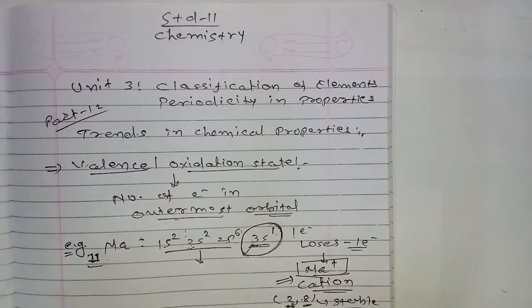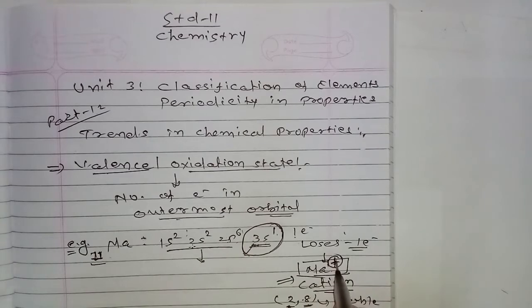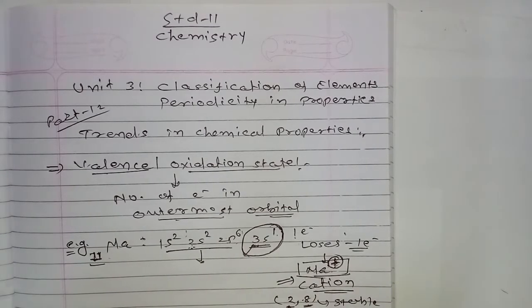So this is the charge, sodium has a plus 1 charge, and it is called its oxidation state, or its valence is plus 1.